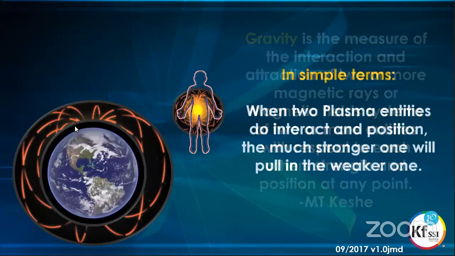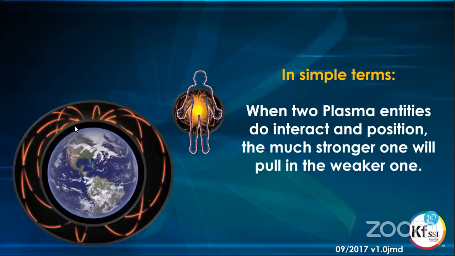So, in other words, we have two plasma entities that interact in position. The much stronger one will pull in the weaker one. So that's how it's explained if we look at ourselves as a smaller plasma in relation to the Earth. It all comes down to mag-grav positioning.